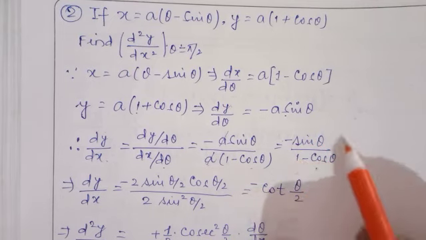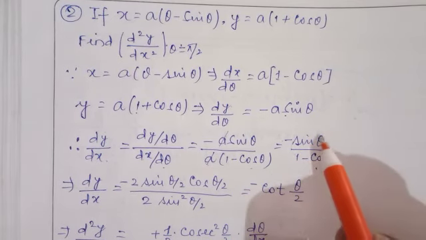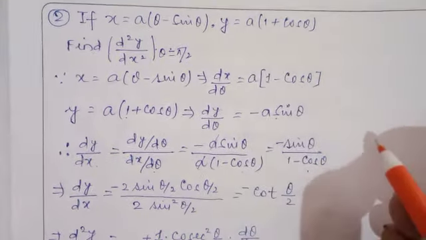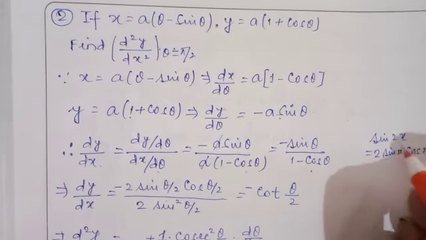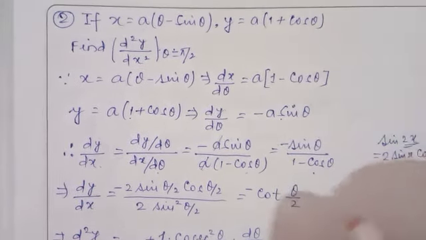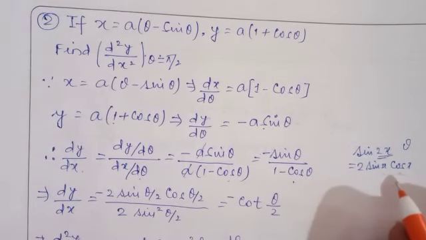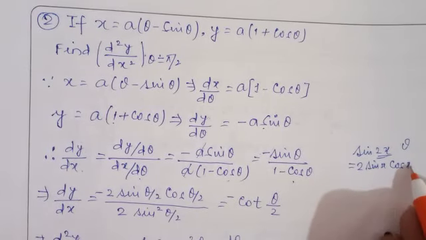Now simplify it. Apply the formula for 2 theta. You already know sine 2x is 2 sine x into cos x. So put 2x is equal to theta, then it should be 2 sine theta by 2 into cos theta by 2.